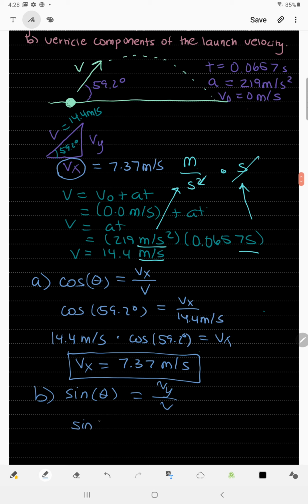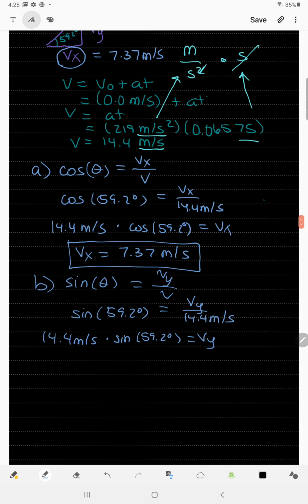I'm going to write in our data. I'm going to multiply the 14.4 meters per second times sine of 59.2 degrees to solve for our vertical component. When we calculate this in degrees, we should get 12.4 meters per second, and that is what this problem is asking for.